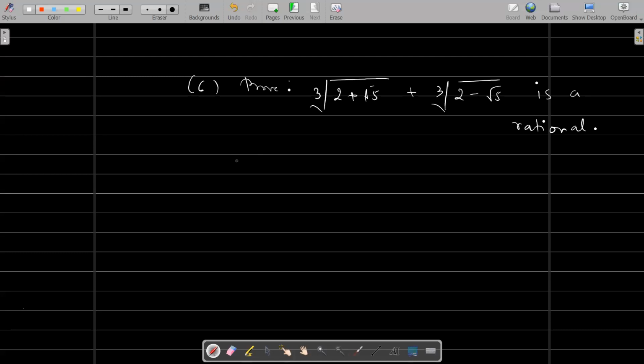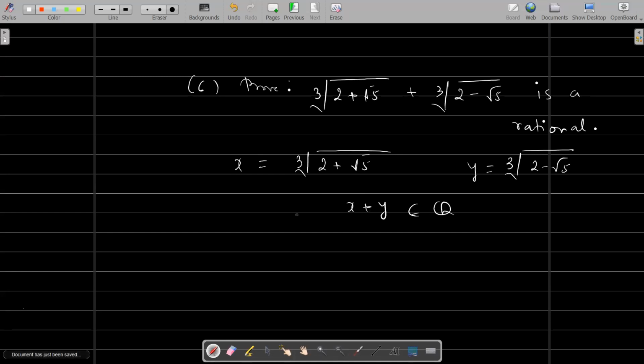So maybe one suggestion is to call one number x, the other number y, and try to prove that x plus y is rational. So to prove that x plus y is rational.